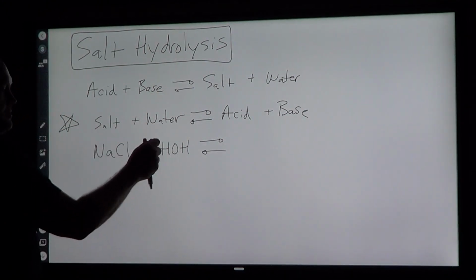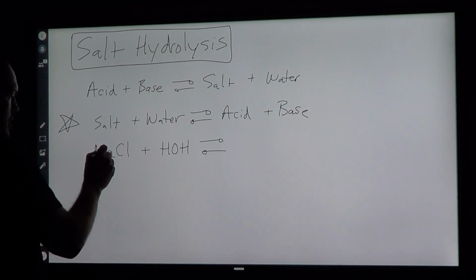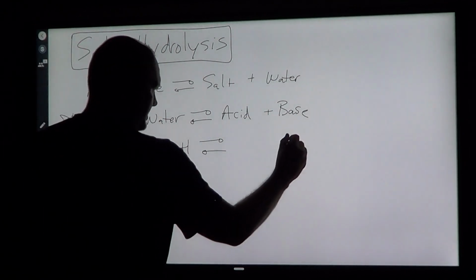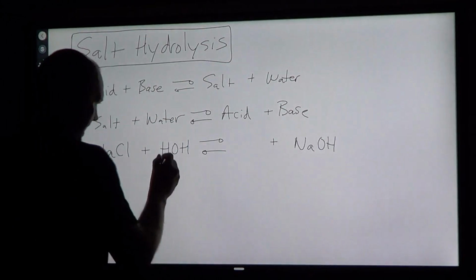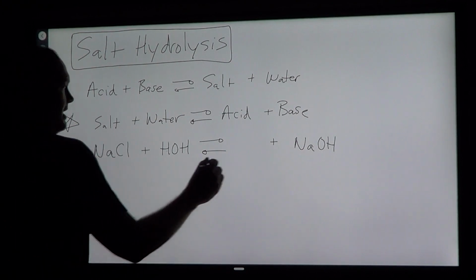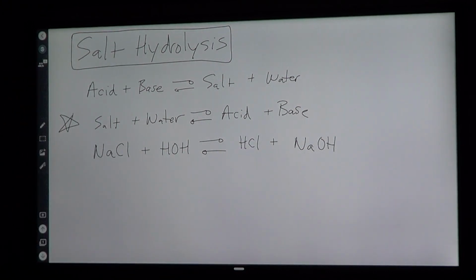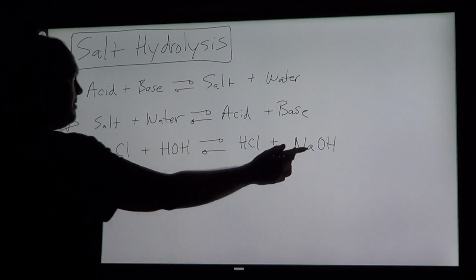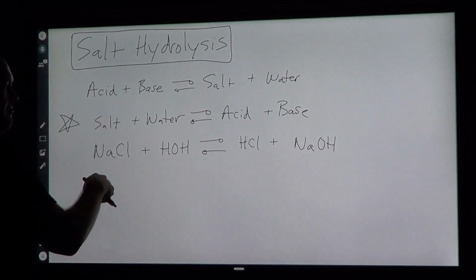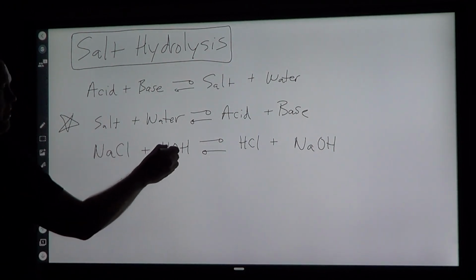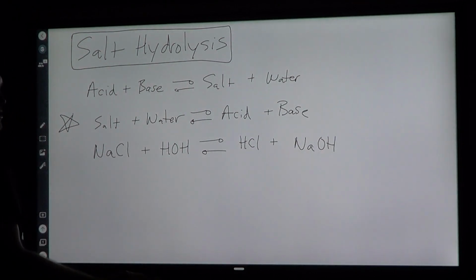If the salt is going to split the water, it will create sodium hydroxide as the base, and this hydrogen will go with the chlorine to produce hydrochloric acid. So it's the same example I gave you for neutralization, but we're trying to figure out if the salt and the water will create an acidic solution or a basic solution or not.